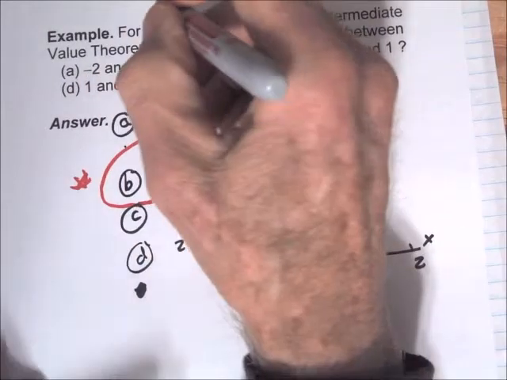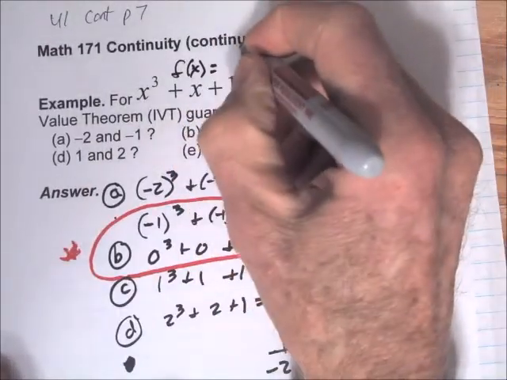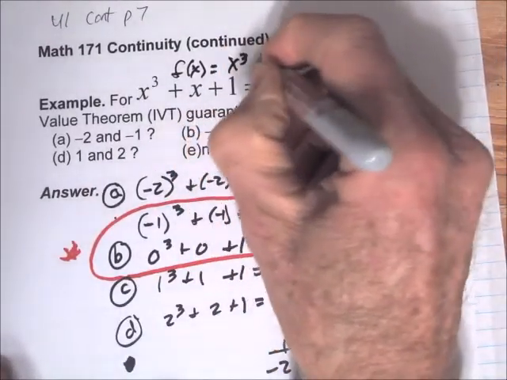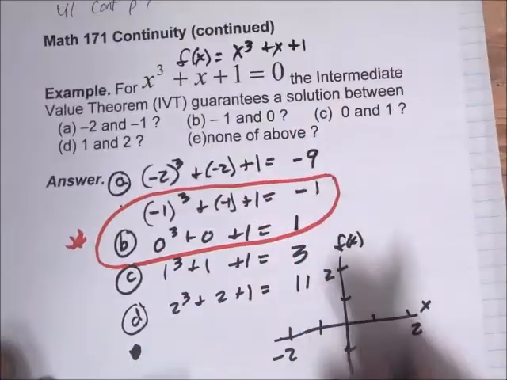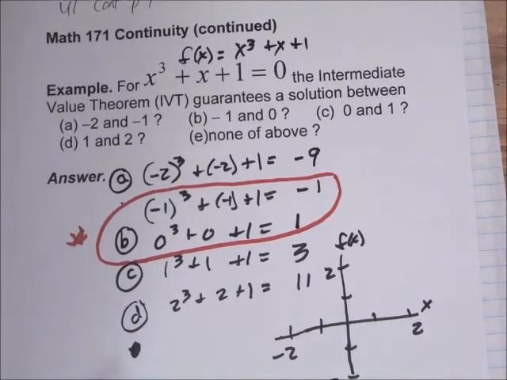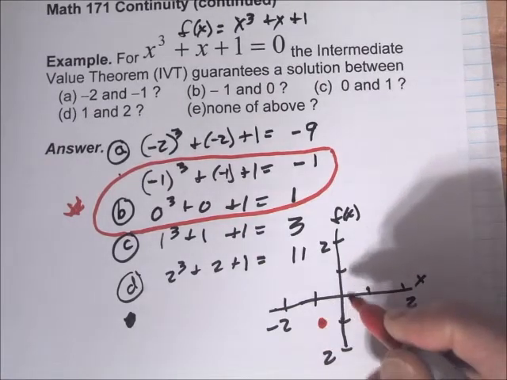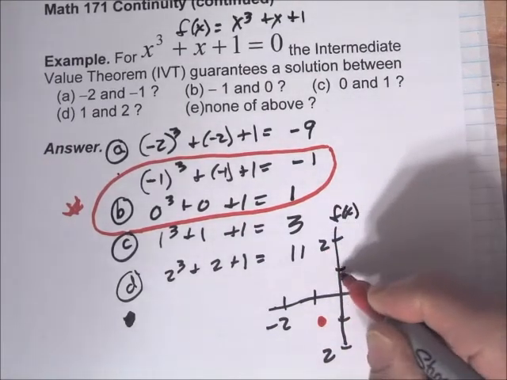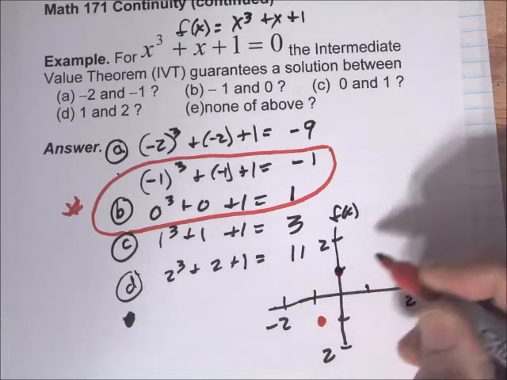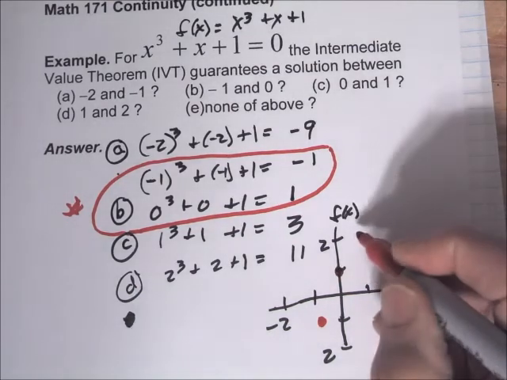Let's say this is f of x. f of x is equal to x cubed plus x plus 1. f of -1 is equal to -1. So this is right here. And f of 0 is equal to 1. That's right here. And this is a polynomial function, so it's continuous.